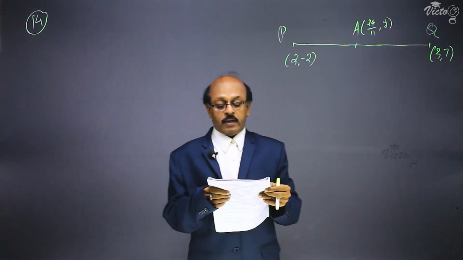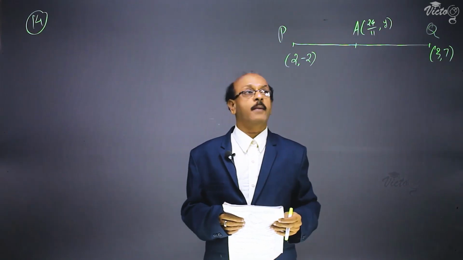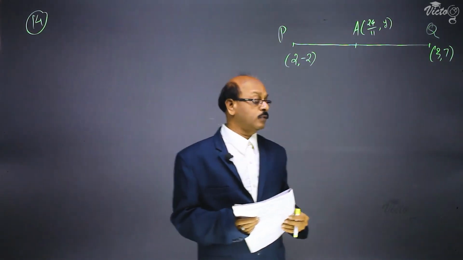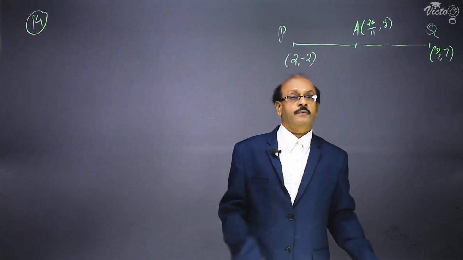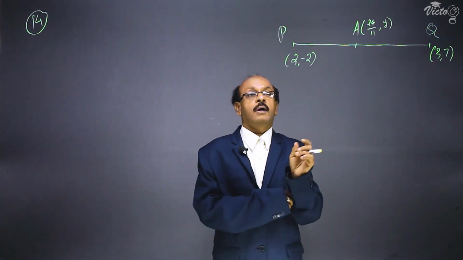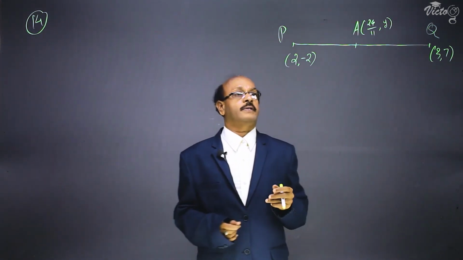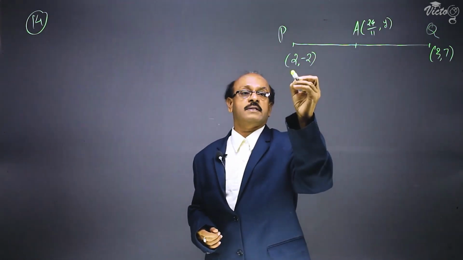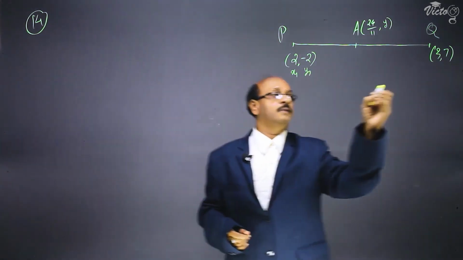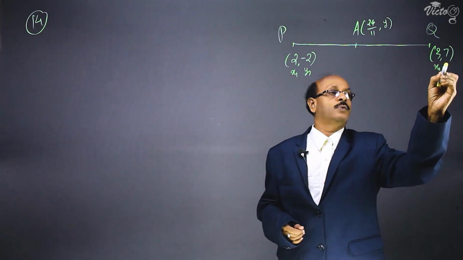We have to find the ratio, that means m1 is to m2 we have to find. For that, use the formula for x coordinate. Let us mark this as x1, y1 and this as x2, y2.